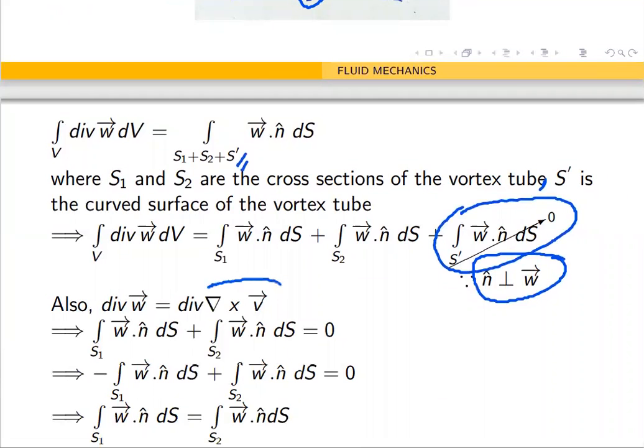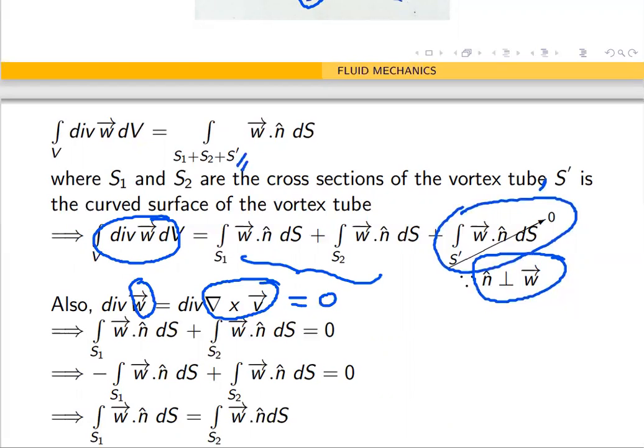W is the curl of the velocity. This W, vorticity, is nothing but the curl of the velocity. So use that, and we know that divergence of curl is 0. Using that in the above relation, this is also 0. So 0 is equal to only two terms, over S1 and S2, equal to 0.